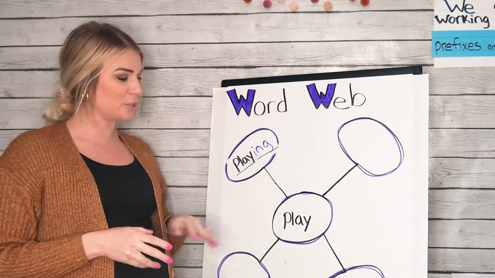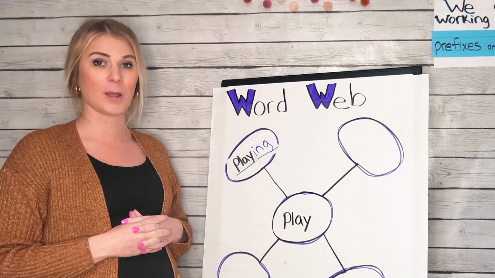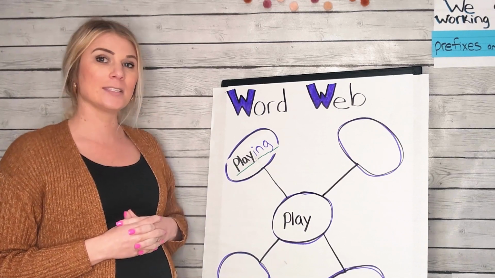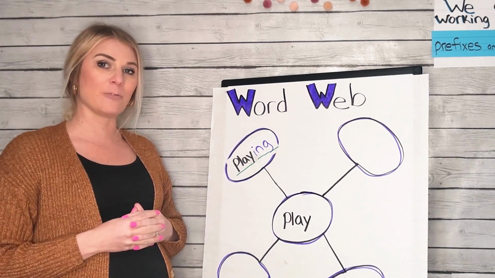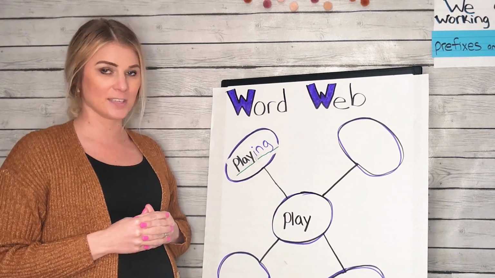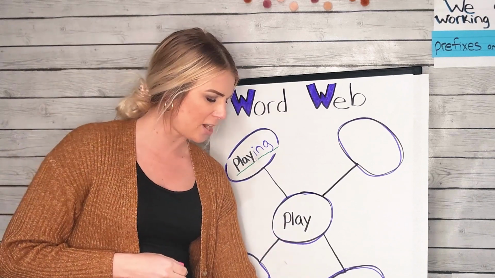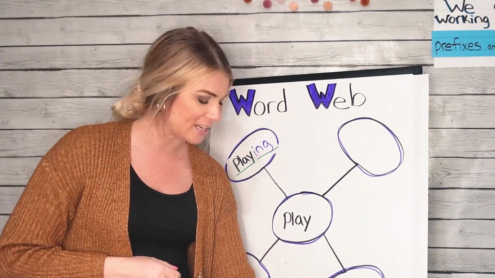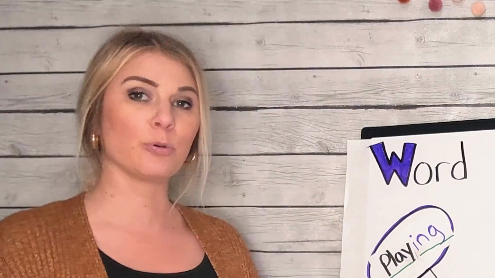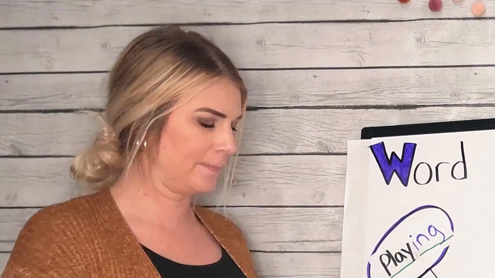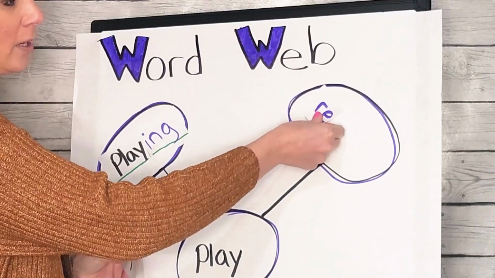Let's try and build a new word with our base word, play. This time, what would happen if we added a prefix to play? Let's try adding the prefix re. If I add the prefix re to play, I create the word replay.